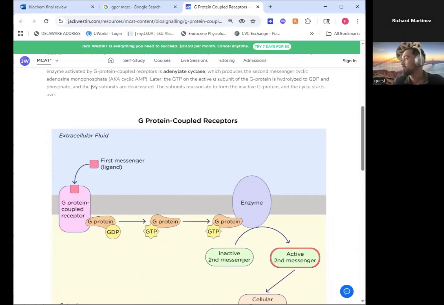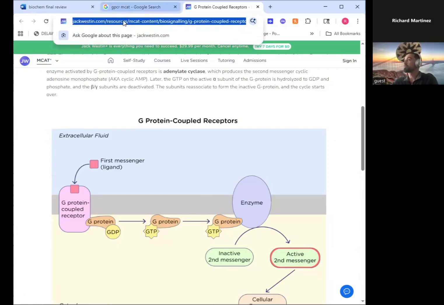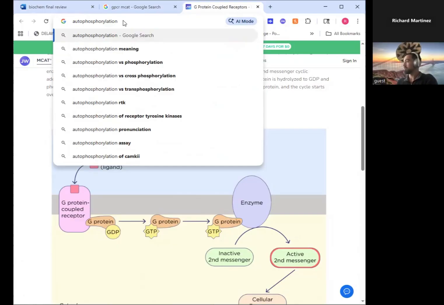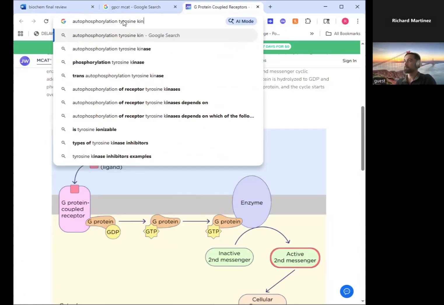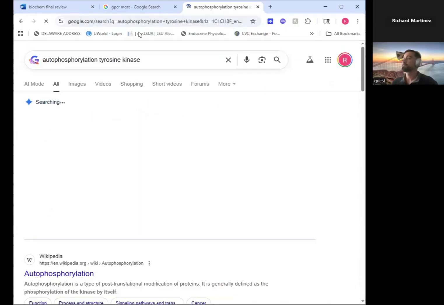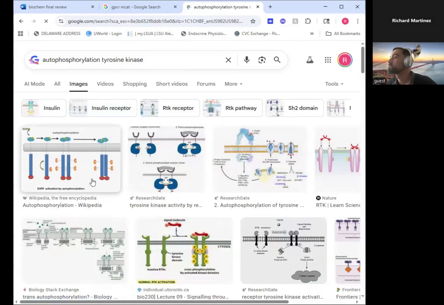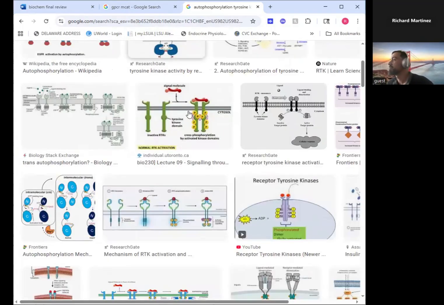Good question. Okay. Yeah, so let's pull that up then. I can see if they have one for tyrosine kinase. You'll see these beta subunits will phosphorylate each other. Crappy picture, but it does the job.